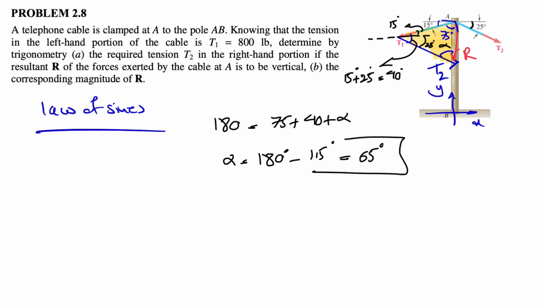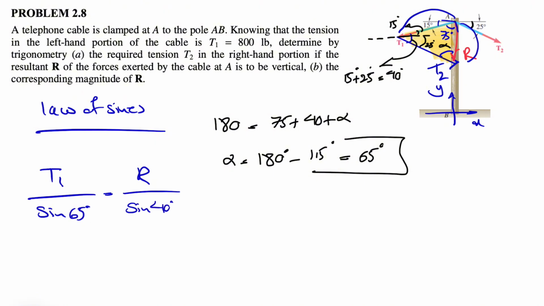So for using the law of sines, we have each side. So one of our sides is T1, which is this one. So T1 over sine of the angle in front of it, which is alpha. And we found alpha is 65 degrees. And that would be equal to the other side, which we can go with R, over sine of 40. So this is our R, and the angle in front of it is this one.